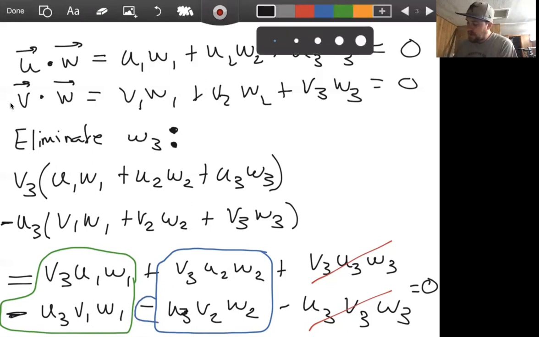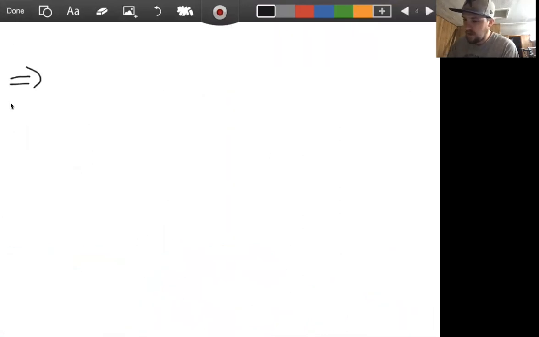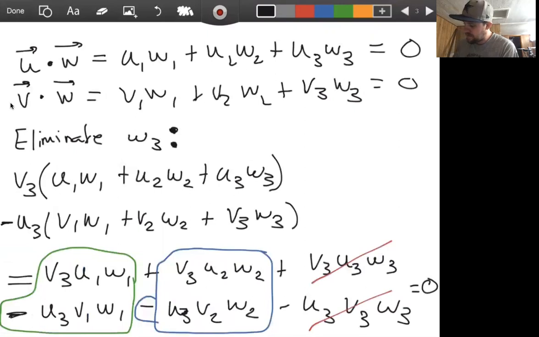If we pull out a w1 from the two terms enclosed in green, it looks like we'll have v3 u1 minus u3 v1. So we're going to get (u1 v3 minus v1 u3) times w1, right?